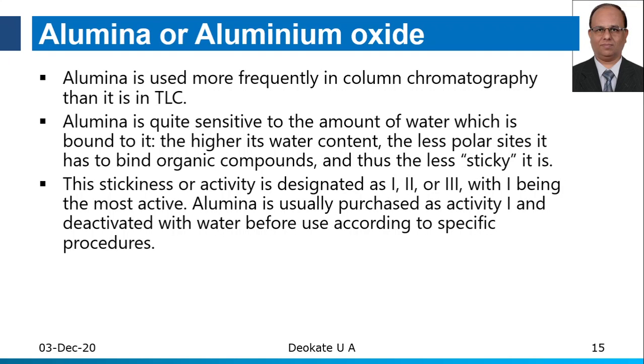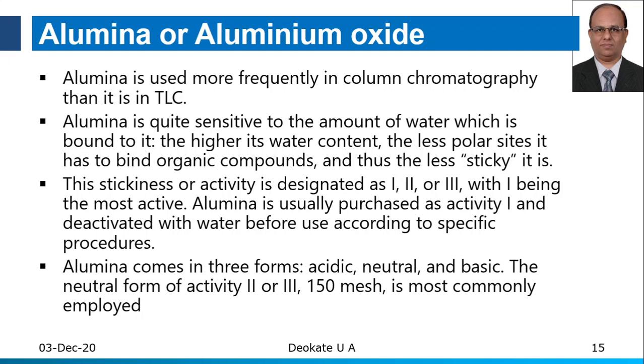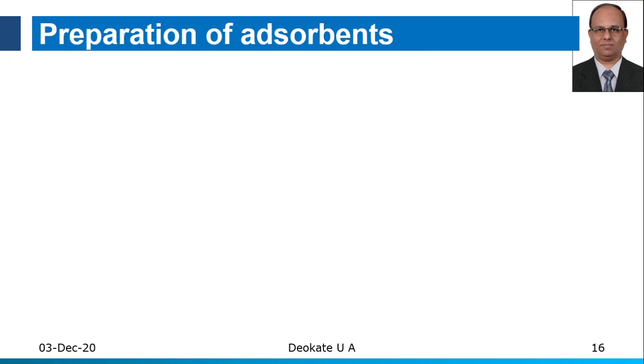Otherwise, it needs to be activated by keeping it in the oven. Alumina comes in three grades: acidic alumina, neutral alumina, and basic alumina. The neutral form of activity 2 or 3 with mesh size 150 is commonly employed for column chromatography.